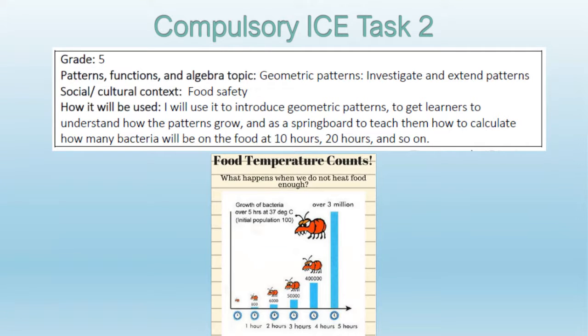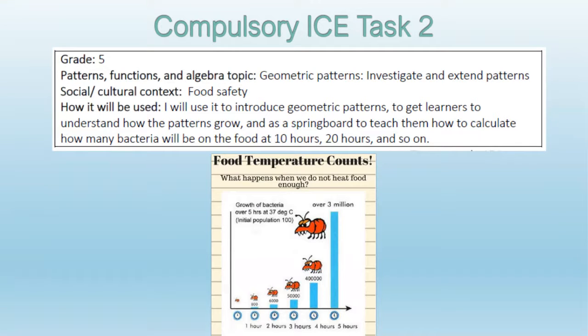So how you would use this context is to introduce geometric patterns to get learners to understand how the patterns grow, and as a springboard to teach them how to calculate how many bacteria will be on the food at 10 hours, 20 hours, and so on. So the purpose of this poster is to make them aware that food temperature counts, that you need to be aware that you have to heat your food very well.